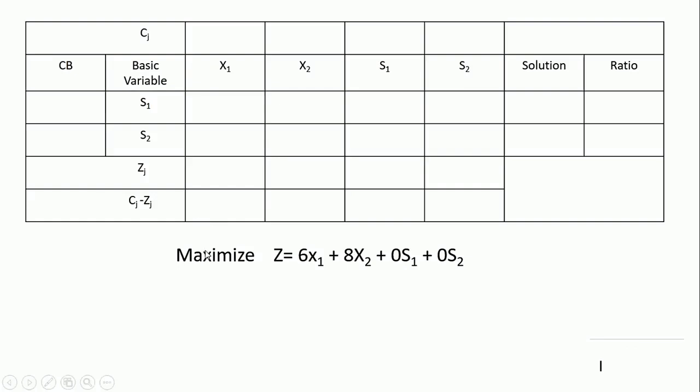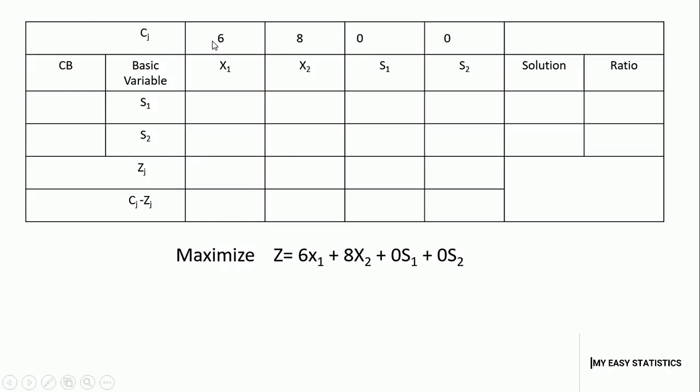So let us take the maximization objective function z is equal to 6x1 plus 8x2 plus 0S1 plus 0S2. Now these values need to be taken into Cj. Cj is the coefficient in the objective function. So x1 has 6, x2 has 8, S1 has 0 coefficient and S2 has 0 coefficient.